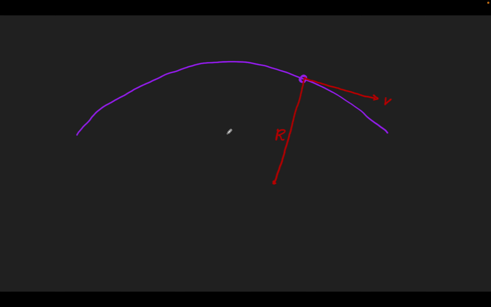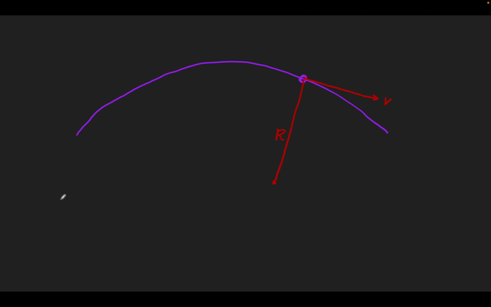Okay, nice question. So how to determine that? Let's see. At this moment it has got a tangential velocity v, and it could be assumed to be part of a circle with radius r, right? That's why we put a radius r.